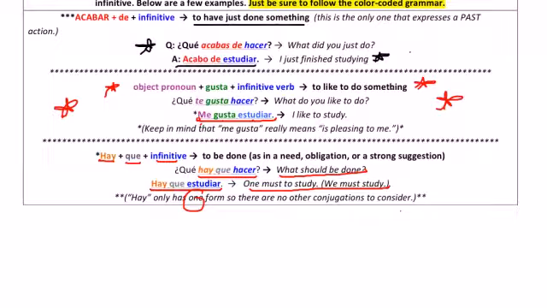So I put it in orange because it's not quite a red verb that needs to be conjugated. Hay stays hay, and que will just stay que, and you can put any infinitive to express something that must be done or should be done in general, but not necessarily directed to a specific person to perform or to be expected to be done.